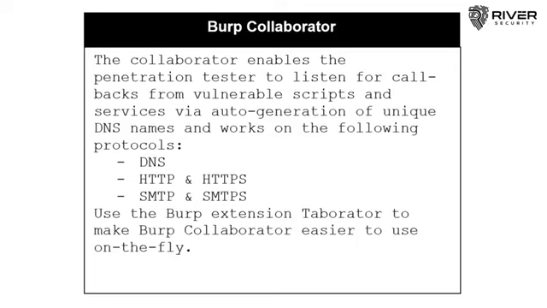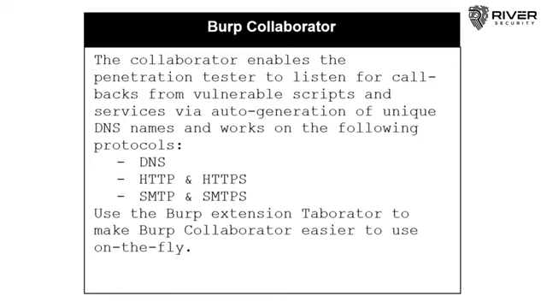Maybe you can force a web application to send an SMTP, like an email, or make an outbound HTTP or HTTPS request. The Burp Collaborator is designed to allow you to know this is happening. And the Burp Collaborator is also very strongly connected with the vulnerability scanner of Burp Suite.